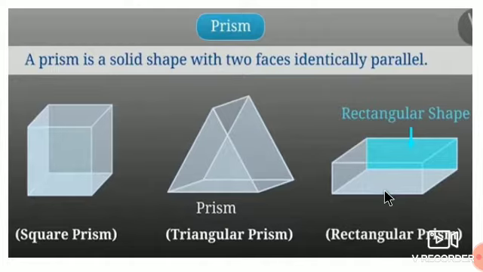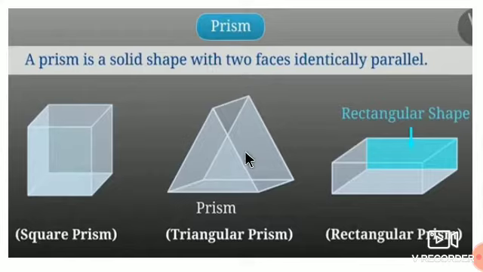In the pyramid we have learned that all standing faces are of triangular shape, but in the prism the standing face is of rectangular shape. In triangular prism also the standing face is of rectangular shape, and in rectangular prism the standing face is also of rectangular shape.